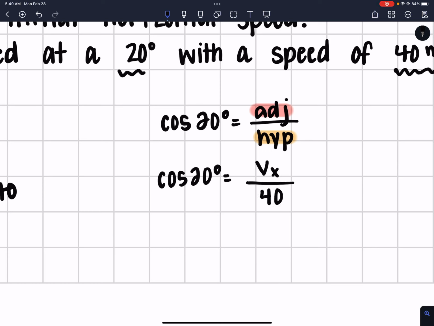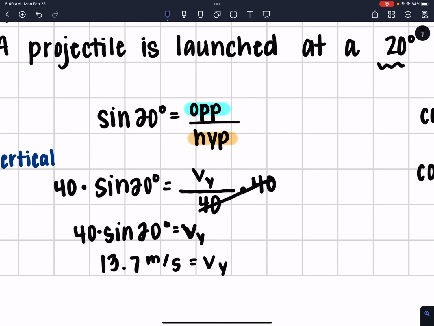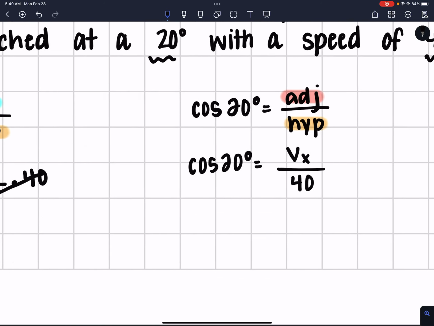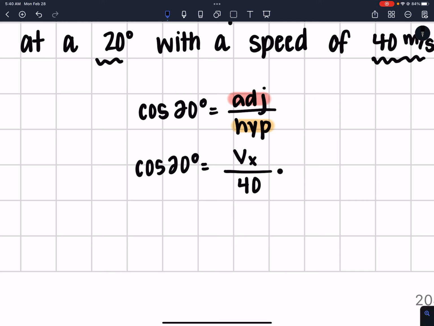Again, I'm going to solve for Vx the same way I solve for Vy. I'm going to undo that division of 40 by multiplying by 40 on both sides of my equal sign. That will effectively cancel, leaving Vx equal to 40 times the cosine of 20.